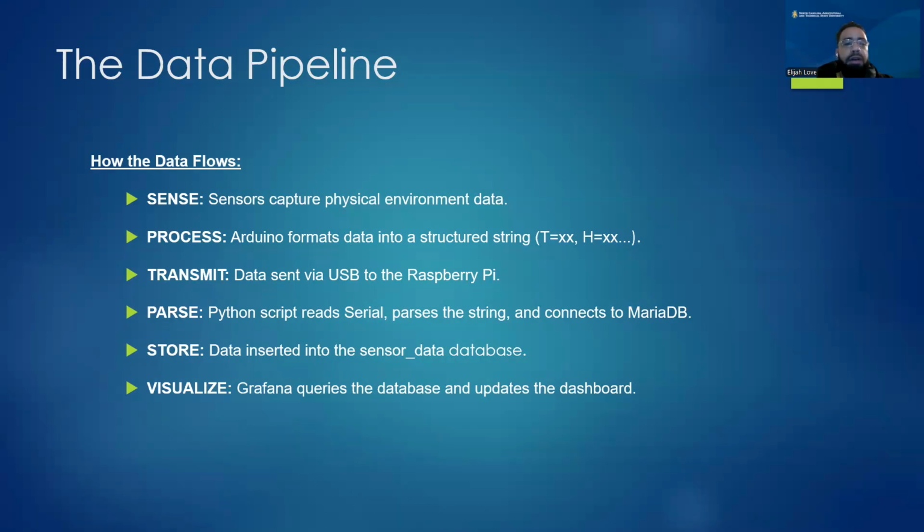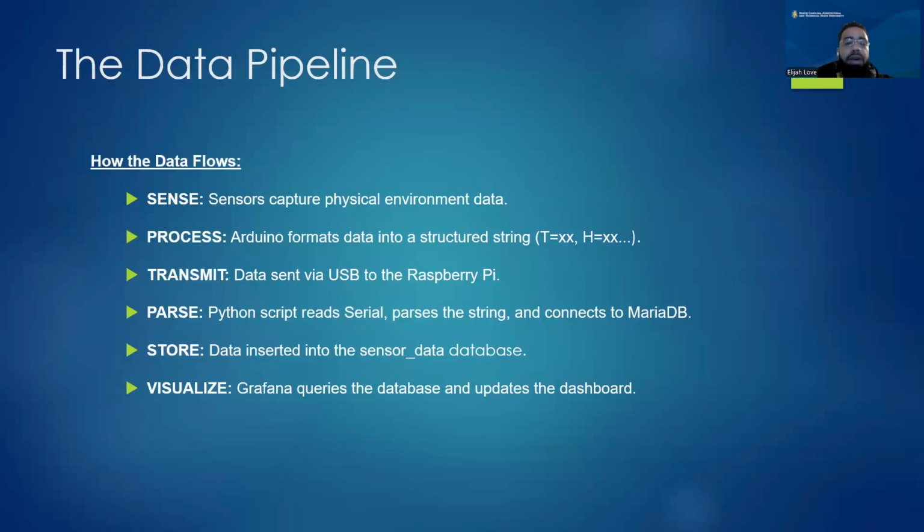Then the Arduino board gets all this data and structures it into a string format. How I'm sending the Arduino data over to my Raspberry Pi is just a USB connection into the Raspberry Pi.